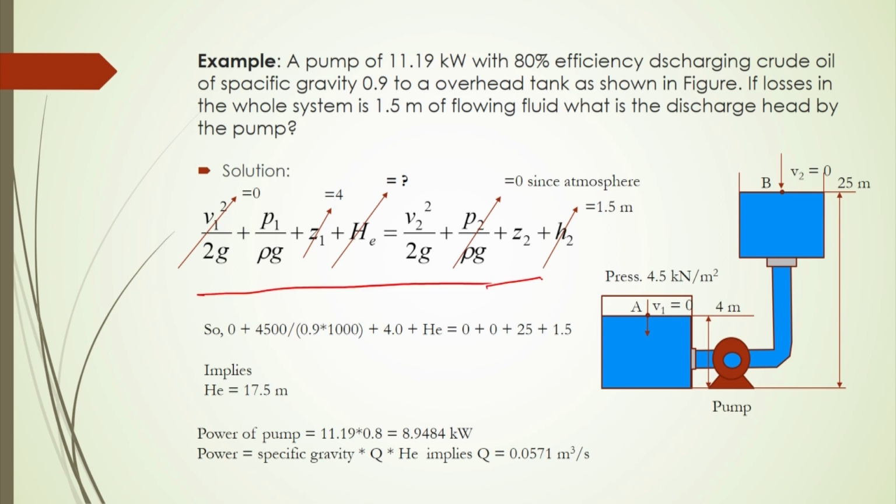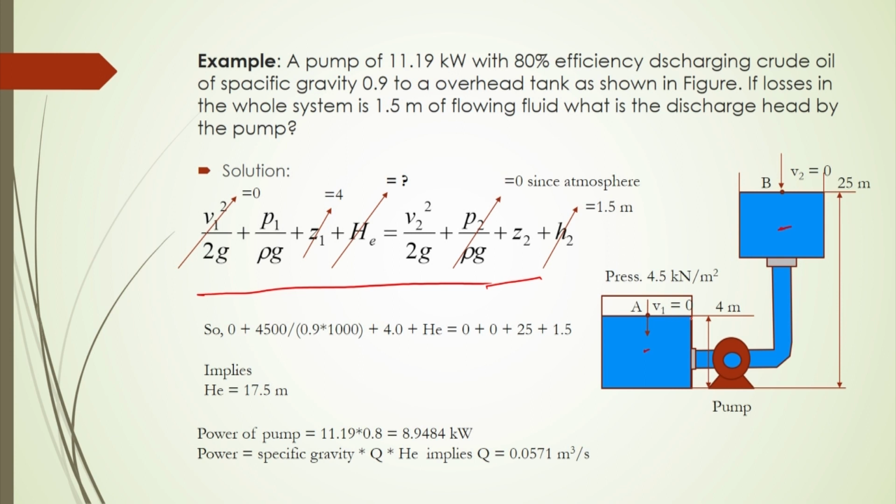So in that case again, V1 square by 2g plus P1 by rho g plus Z1 plus AC, will be equal to V2 square by 2g plus P2 by rho g plus Z2 plus H2. In this case V1 is equal to 0, since from this tank there will be a discharge of liquid by this pump here.